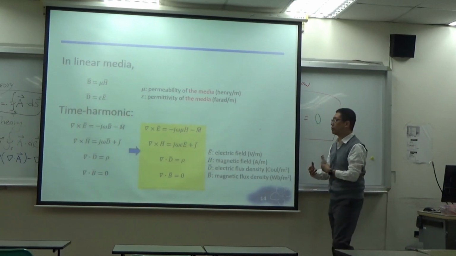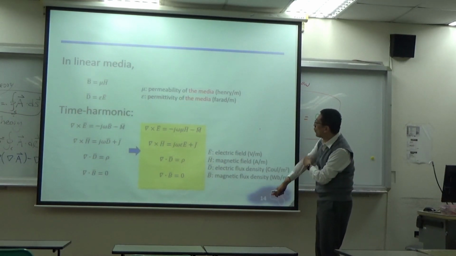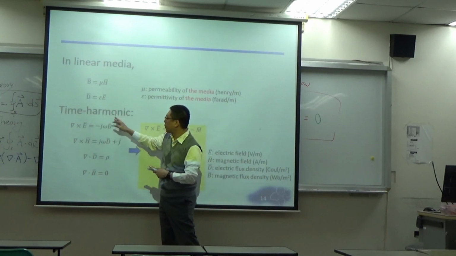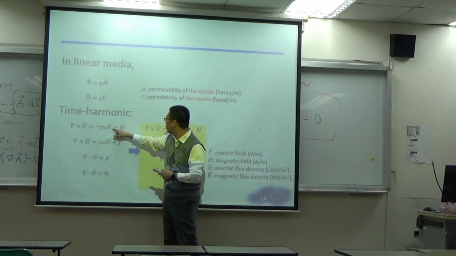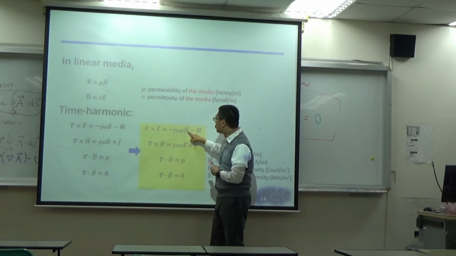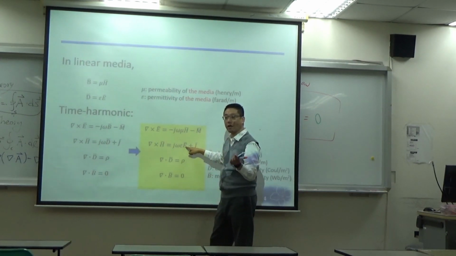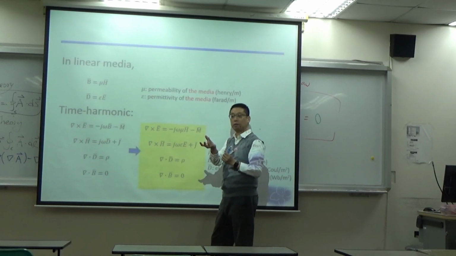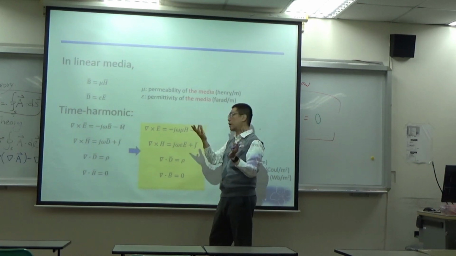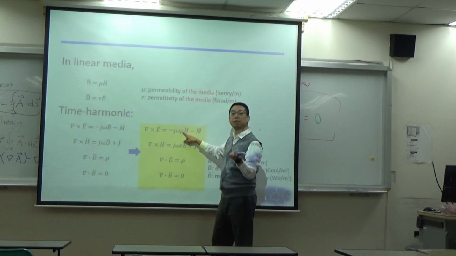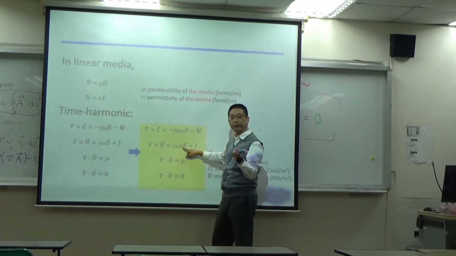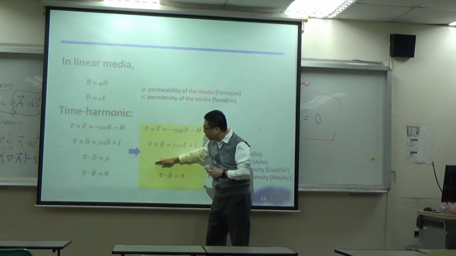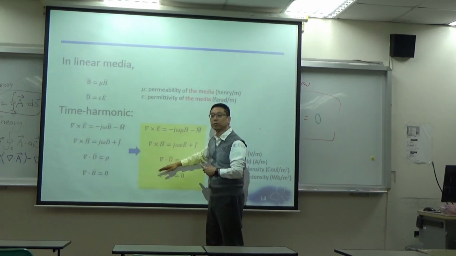First of all, we change a little bit from your time harmonic Maxwell equation. We change B to mu H and D to epsilon E. The mu and epsilon depend on the material. If air or free space, use mu equals mu 0, epsilon equals epsilon 0. So now you have these four new Maxwell equations.